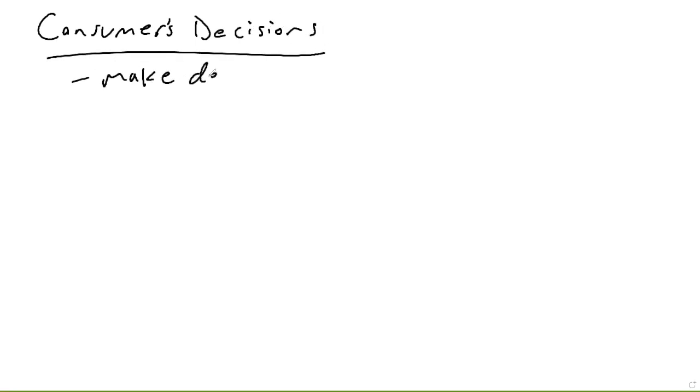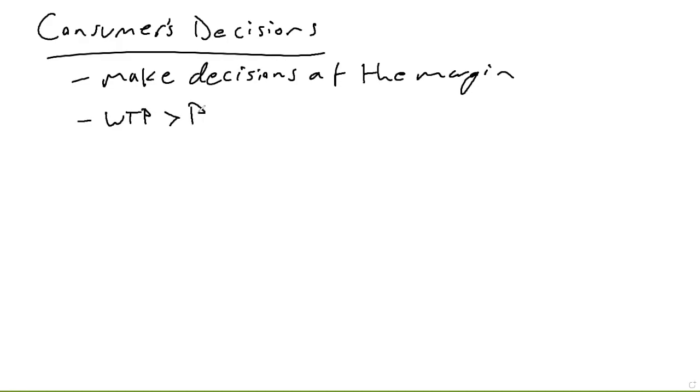So throughout this course, we've talked about how consumers make decisions. We know they make decisions at the margin. We know that if their willingness to pay is greater than the price, then they buy.